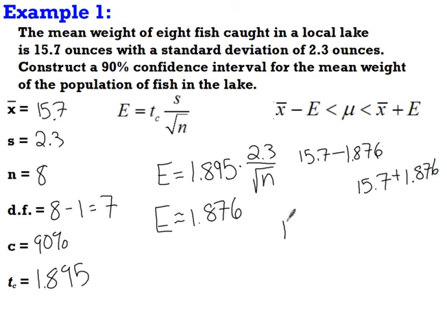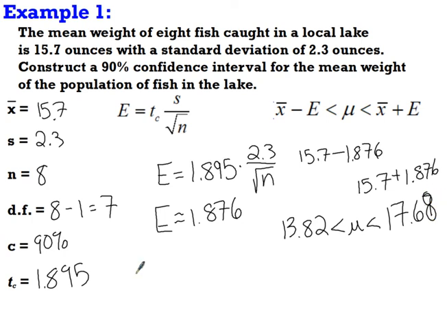So my lower bound of that would be 13.82. And my upper bound, let's see here, 15.7 plus 1.876, is 17.58, I think is what I got.